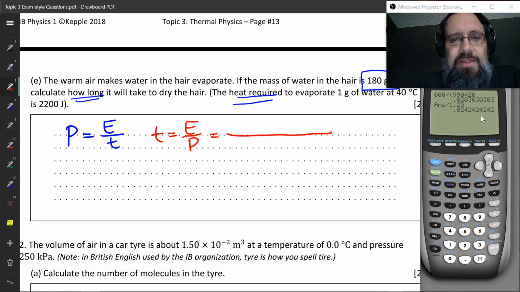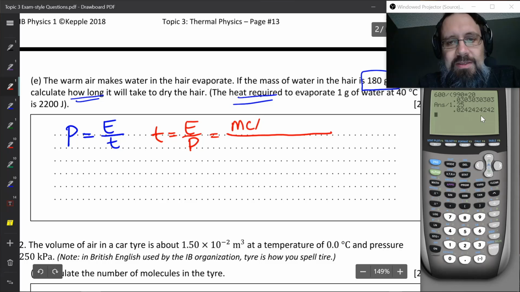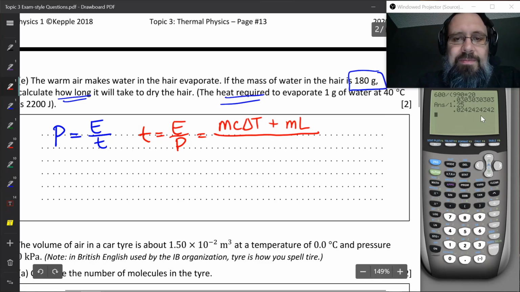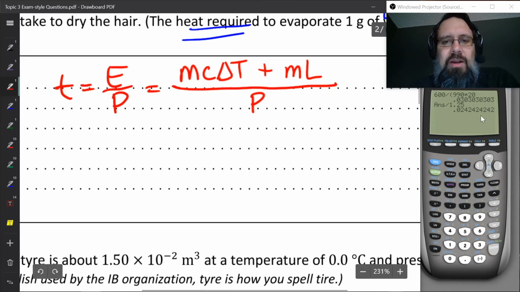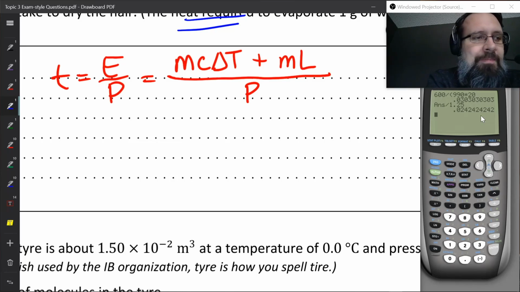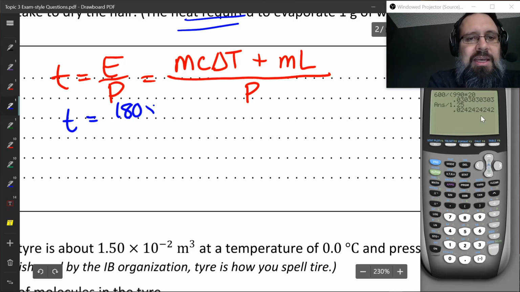The first thing we do is heat up the water, so that's MC delta T. And the second thing we do is evaporate the water, which is ML, the latent heat. And then we just need to divide by the power. And all of these quantities are known, and we can just plug them in. So here we go. So the time is going to be equal to, that's 180 grams times the specific heat.